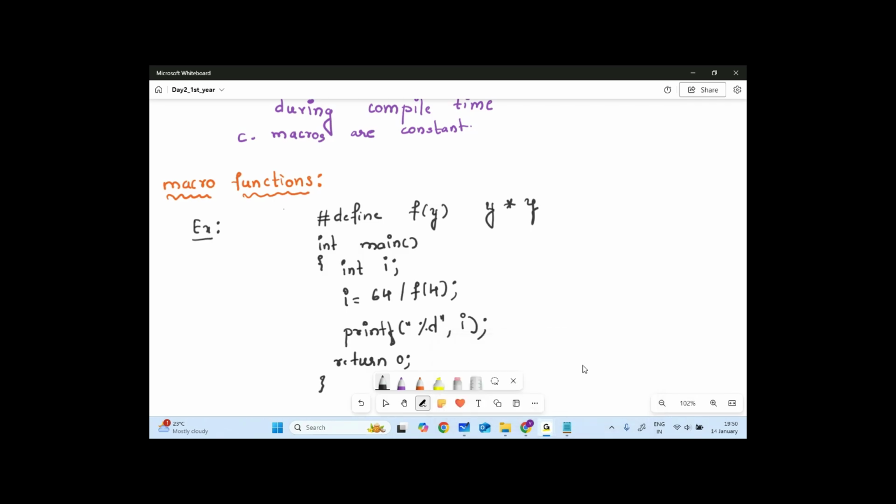Come up with an answer for that i. Find out what the i value is. It is replaced by y*y. Okay, so we are getting one option as 4.